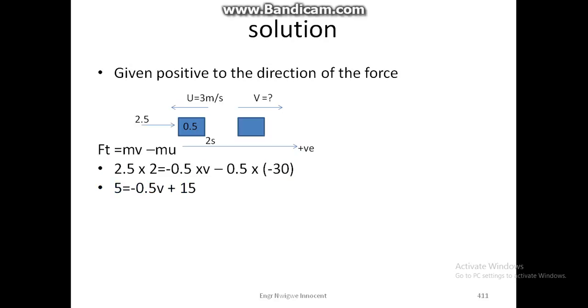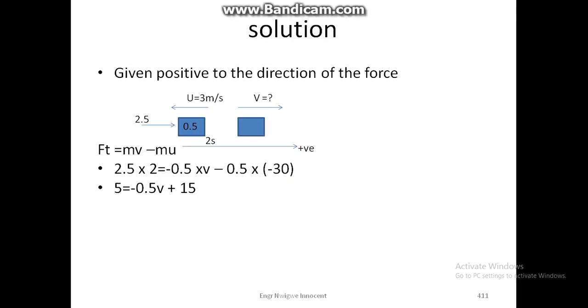So we have 0.5 times v, which is the final velocity, minus 0.5 times minus 3, since the direction of force is negative. Then we have 5 is equal to minus 0.5 v plus 1.5.